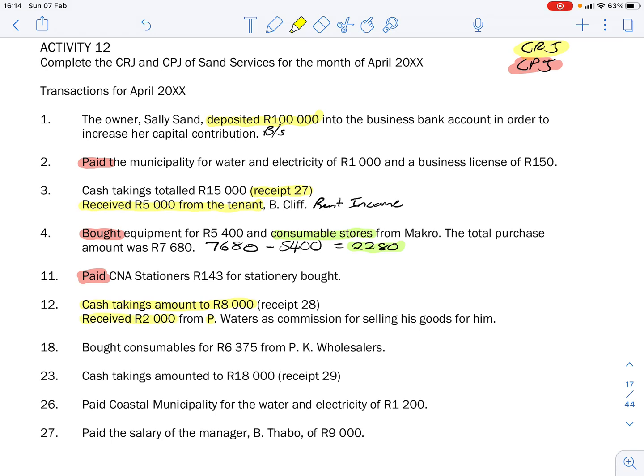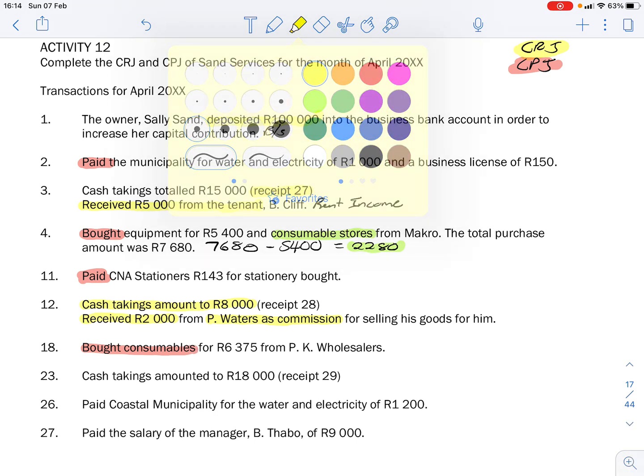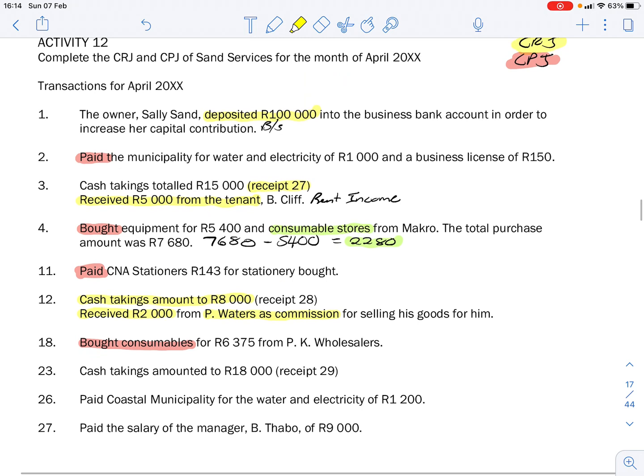We also received 2,000 Rand from P Waters as commission, also CRJ. On the 18th, we bought consumables from PK Wholesalers, so that would go in our CPJ. On the 23rd, our cash takings amounted to 18,000 Rand, so we use our CRJ.